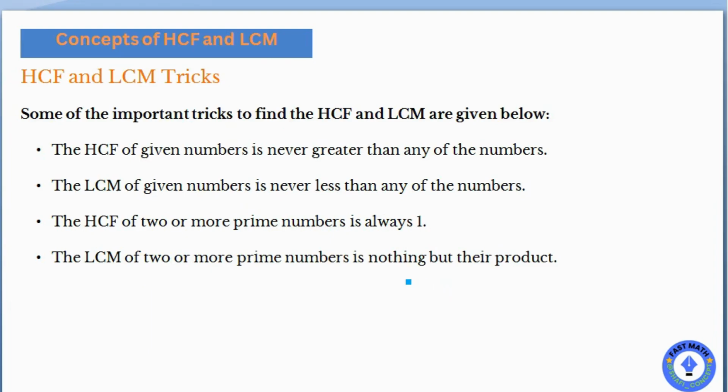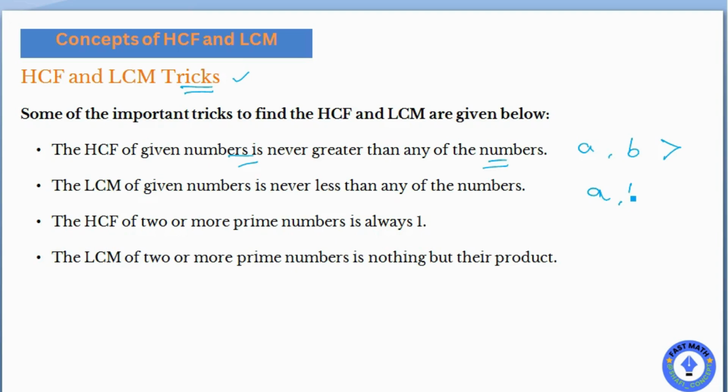Let's move to some tricks so that you can take up the problems in the easiest way. The HCF of any given two numbers is never greater than the numbers. If you take A and B, the HCF of these numbers will not be greater than A and B. Likewise, the LCM of any given numbers is never less than any of the numbers.